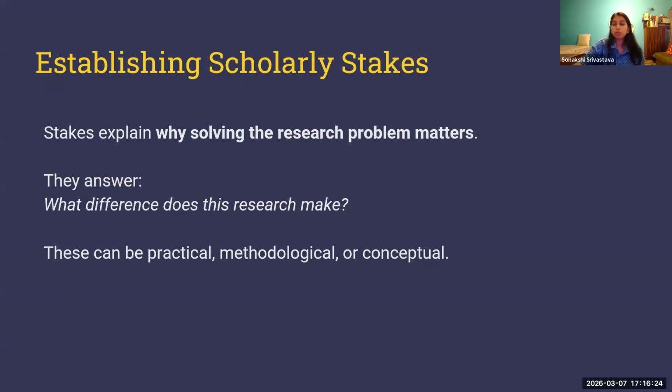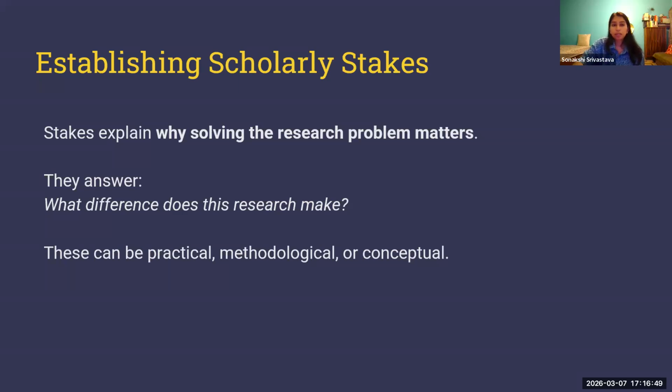It is either going to add value to something that exists, or it is going to talk about something that has not been studied yet, right? So all of us have certain stakes in our project where we know that solving this or thinking about this problem will help us understand something else, right?